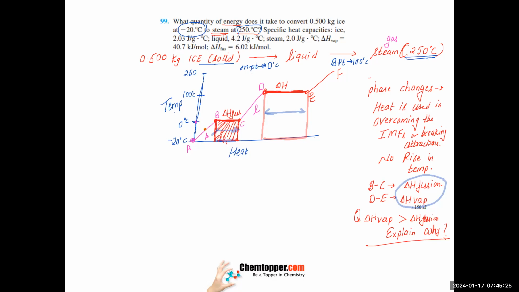We are simply making them weaker. Yes, we are breaking IMFs, but we are making them weaker and they are still there. Liquids have IMFs, right? They are slightly weaker, so molecules are moving. They are not fixed like in a solid. These are the important things which you have to retain.